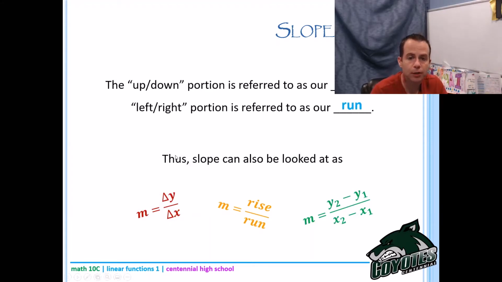So slope can be looked at in all 3 of these ways, okay? We say the change in y over the change in x, or delta y over delta x, or we say rise over run, or we use the slope formula, y2 minus y1 over x2 minus x1. This is the only thing you're going to see on a formula sheet. You're not going to see these guys on a formula sheet, but helpful to know, okay?